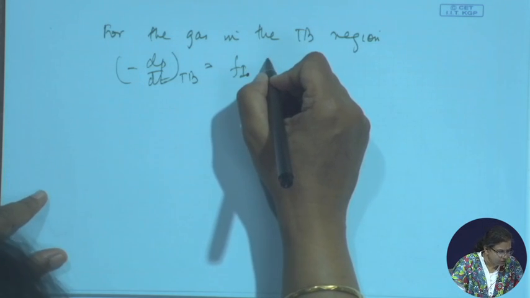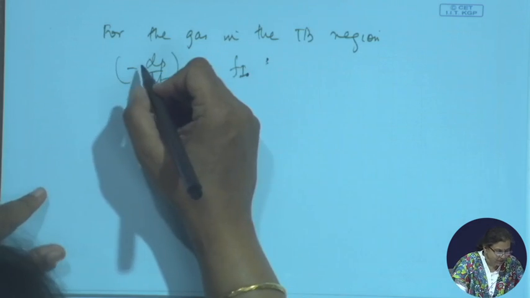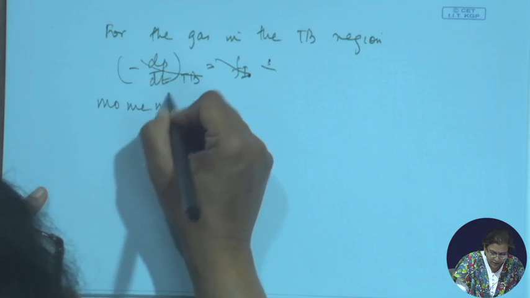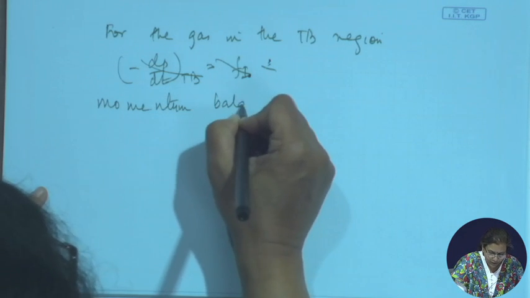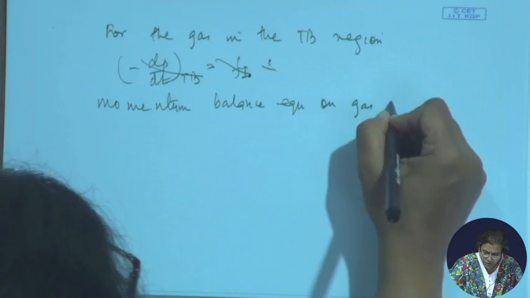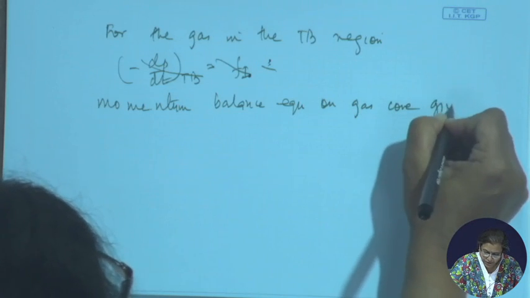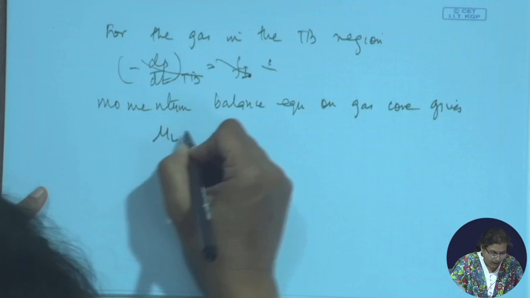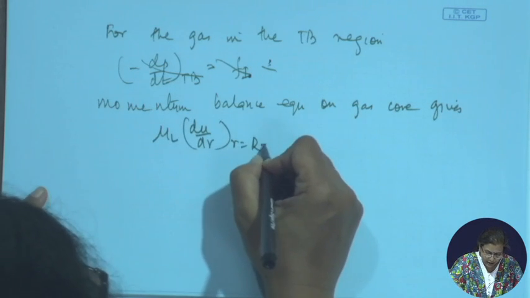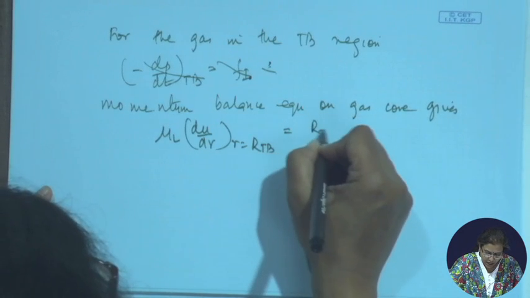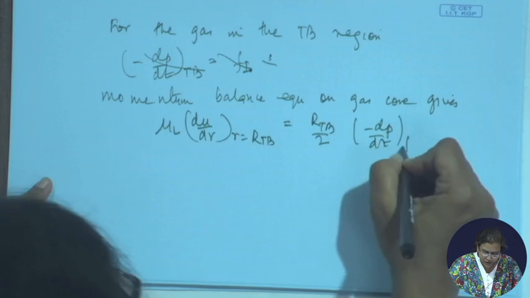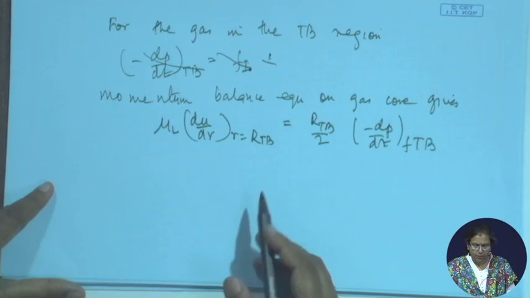The way I have told, very sorry, for the gas phase in the Taylor bubble region, the momentum balance equation on the gas core gives mu L du dr at R equals RTB. This should be RTB by 2 minus dP dz frictional for the Taylor bubble portion, right.